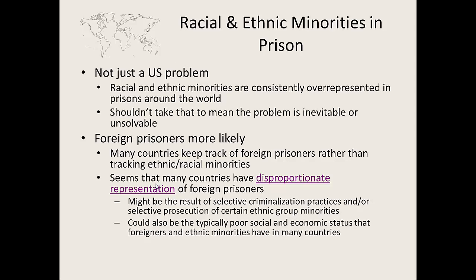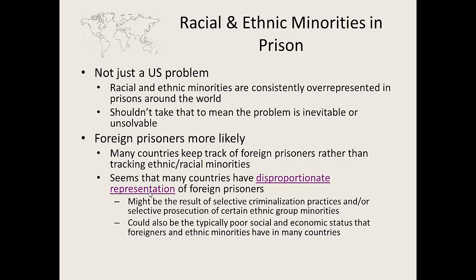And then the last section here is on racial and ethnic minorities. I already showed you the link about the disproportionate representation of foreign prisoners in different countries around the world. This is not simply a U.S. problem in terms of racial and ethnic minorities, but it is something that countries around the world are experiencing problems with their minority population, and explanations for why there might be such a high proportion.